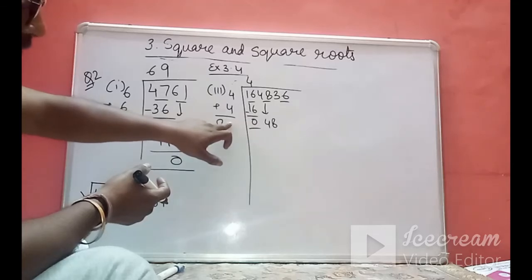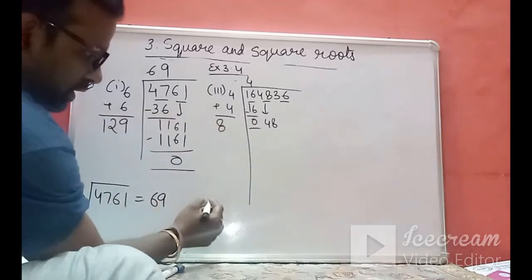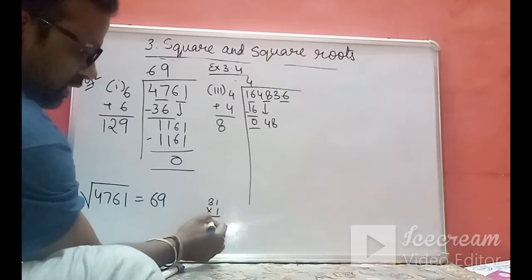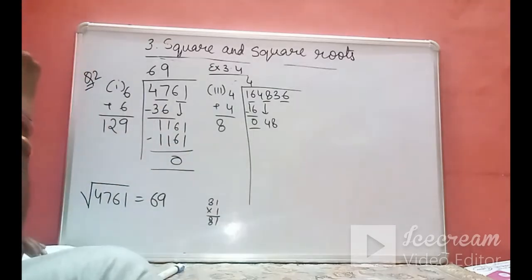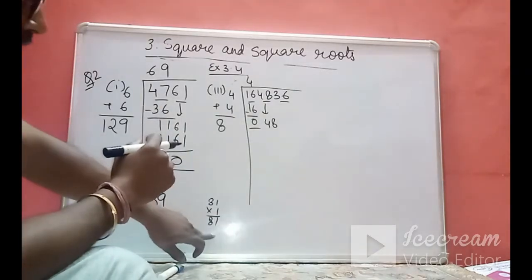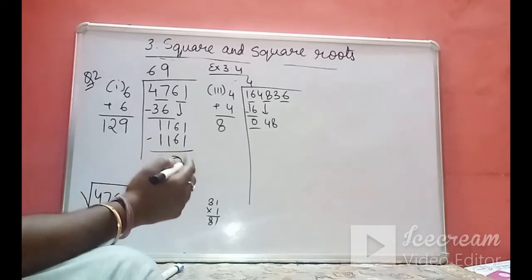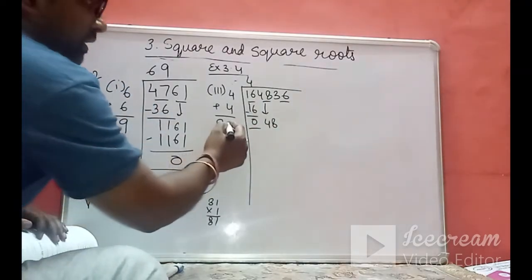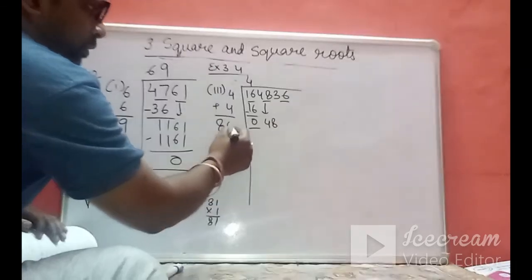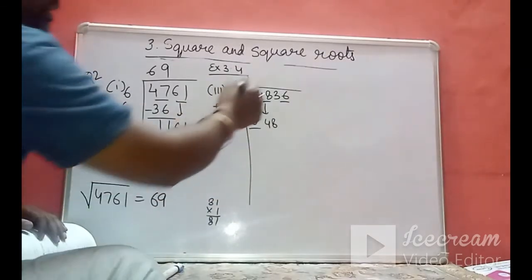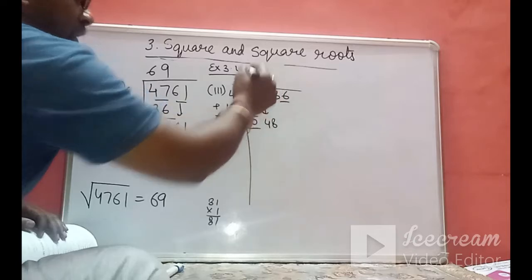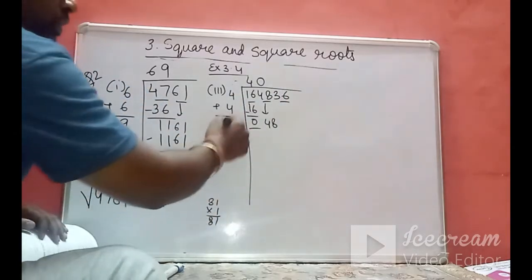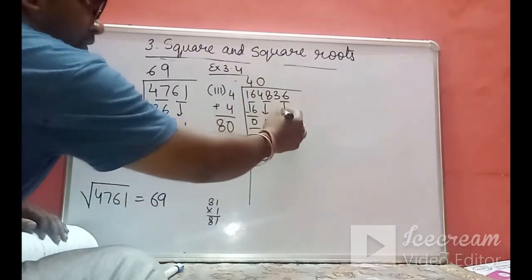So even if I put 1 here, so it is 81 into 1, that is 81. Okay, so 81 is already bigger. So what I will do, I want this pair now, 36. So for that, like we are doing in the division, I will put a 0 here. Then a 0 will come here. And when we put 2 zeros, so I can bring one more pair.